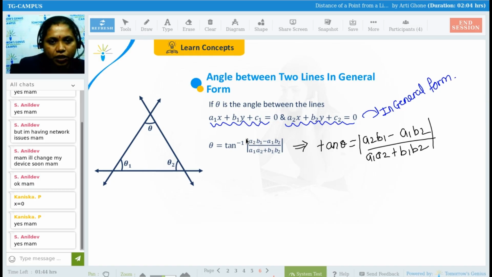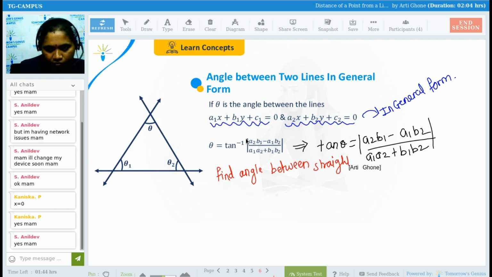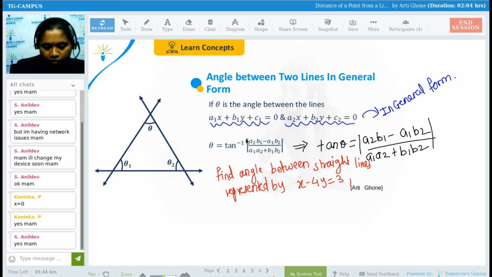Find the angle between straight lines. Quickly take this question for solving. Find the angle between straight lines represented by x minus 4y is equal to 3, and the second one 6x minus y is equal to 11.